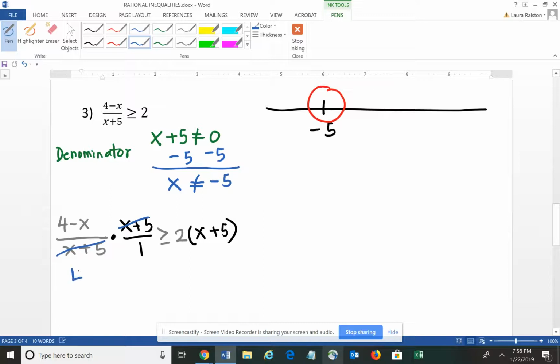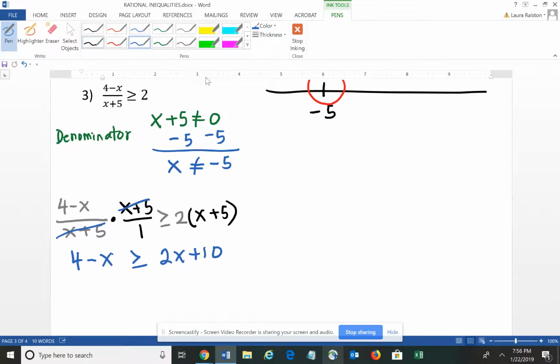So I have 4 minus x is greater than or equal to, I'm going to go ahead and distribute the 2, so I have 2x plus 10. Again, I'm trying to solve for x, so I need to get all of the x's together and all of the numbers together. So I'm going to add x. So I have 4 is greater than or equal to 3x plus 10. I'm then going to subtract 10.